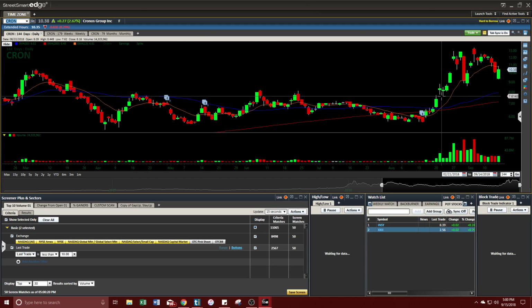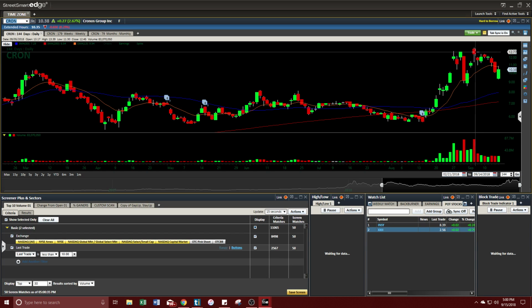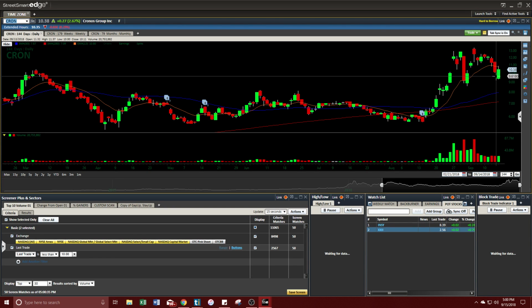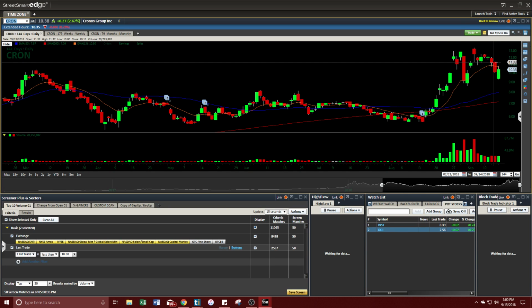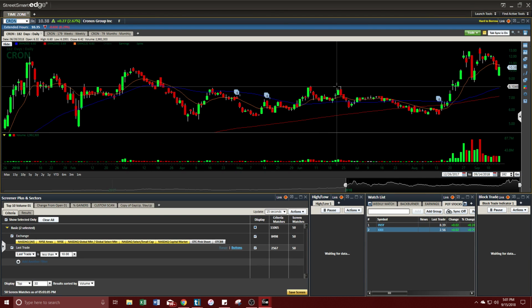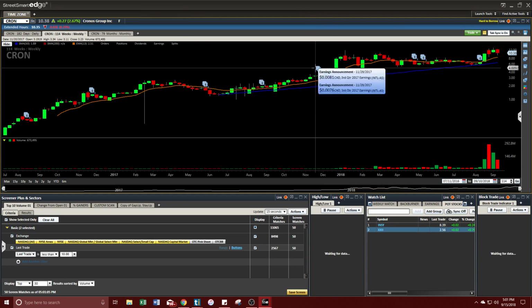And look at all these gap ups right here, and then a big sell off, and then it starts gapping up again, and then it's got like this rounding shape right here, and then it falls down, and then right here at 9:30 it rallies all the way up to almost $11. And this has been the one everybody's been crazy about. I really haven't been paying much attention to this one.